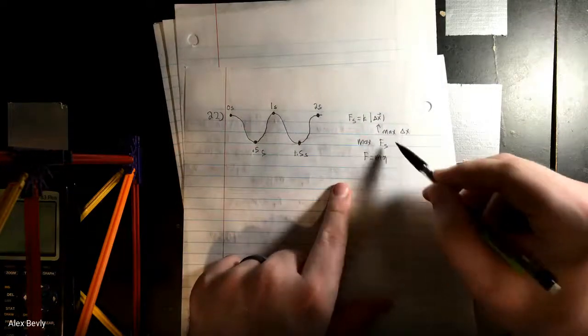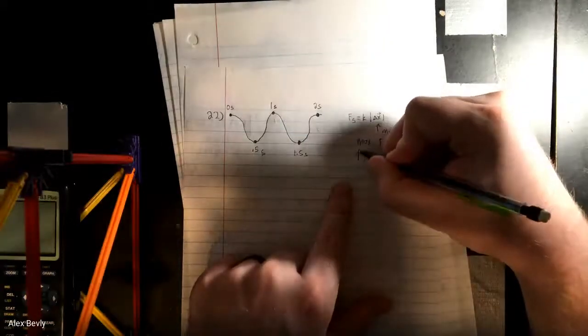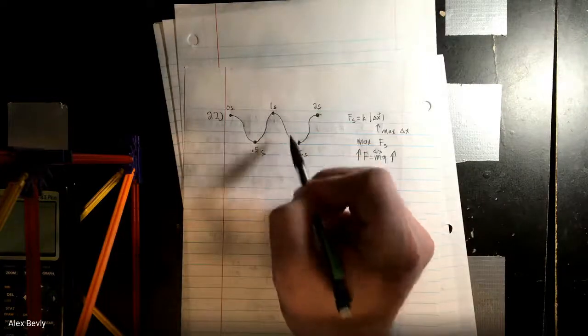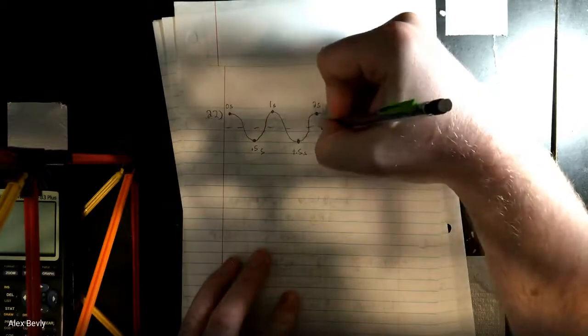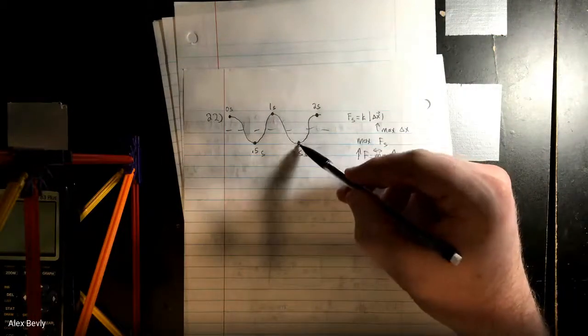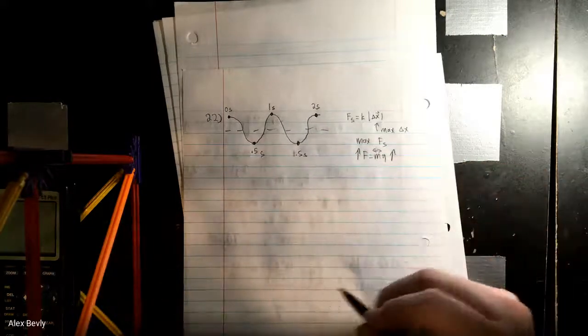So if I have a big spring force, I'm not changing my mass. That means I have a big acceleration. So all these points that are furthest away from my equilibrium, right? Equilibrium is that 0 line in the center. Maximum spring force at maximum displacement means maximum acceleration. So my choice for A looks good.